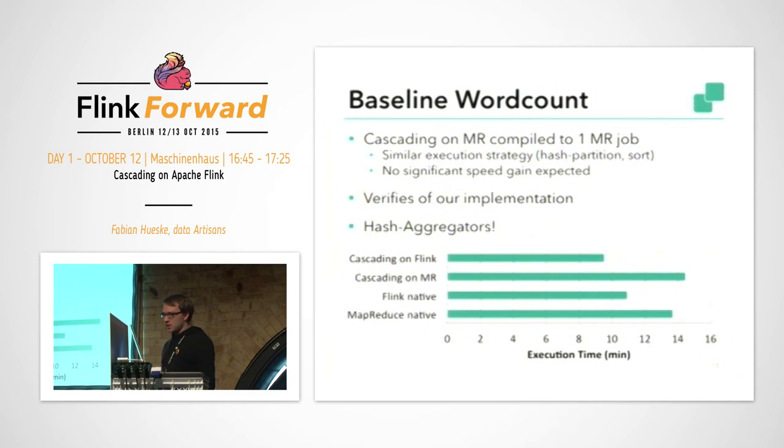It also does sort-based combining, and this is why there's a small performance improvement for Cascading on Flink. Basically this shows that our implementation is not performing too badly, neither against Flink native nor against Cascading on MapReduce.